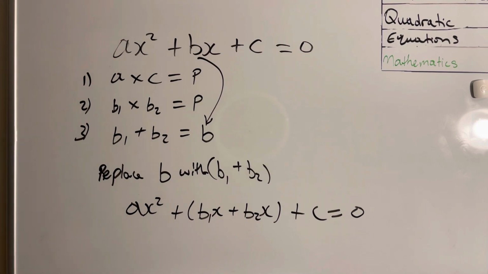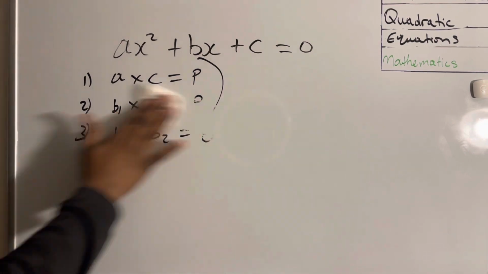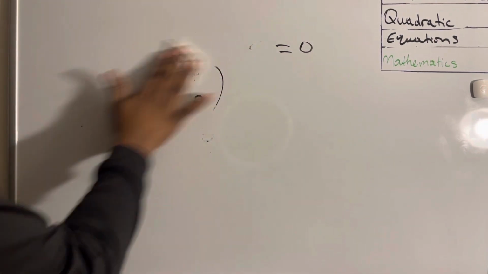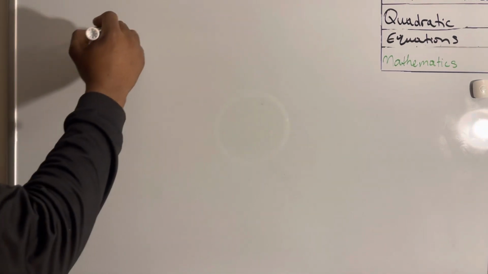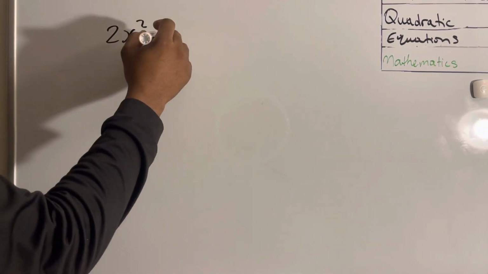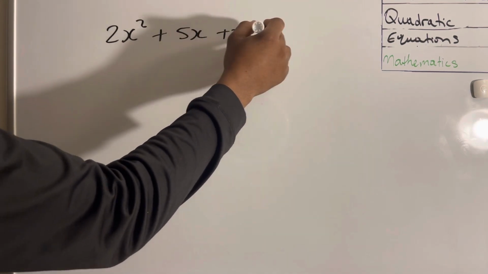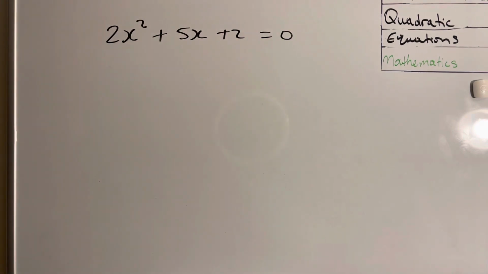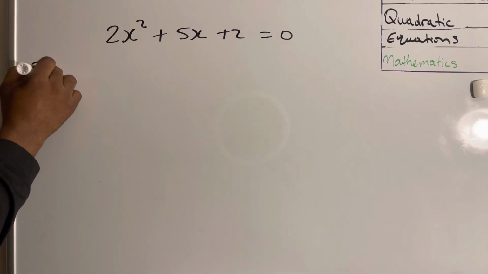Now let's use some actual numbers so you can see what I am talking about. What we're going to work is 2x squared plus 5x plus 2 equal 0. From here, you have side work.